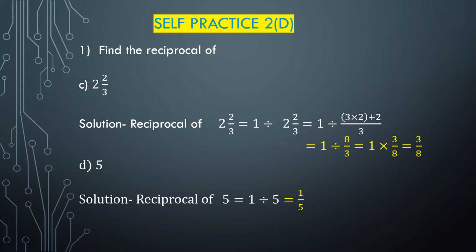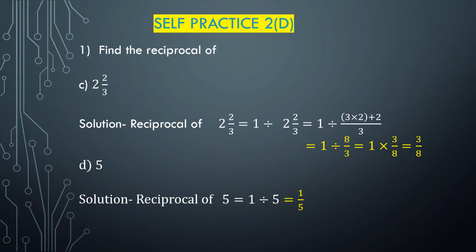Now we solve question number 1, third part C, 2 and 2 divided by 3. We have been given a mixed fraction and we have to find the reciprocal of this mixed fraction. First we have to convert this mixed fraction into an improper fraction. Multiply the denominator with the whole number, then add the numerator to the result, and divide by the denominator.